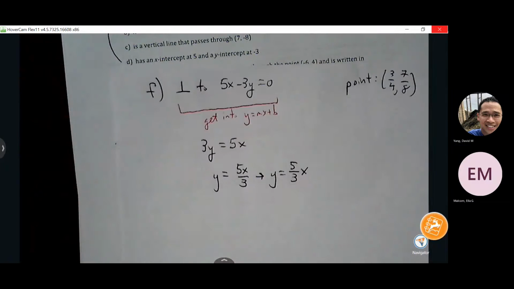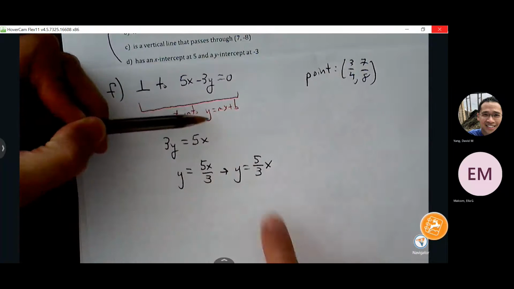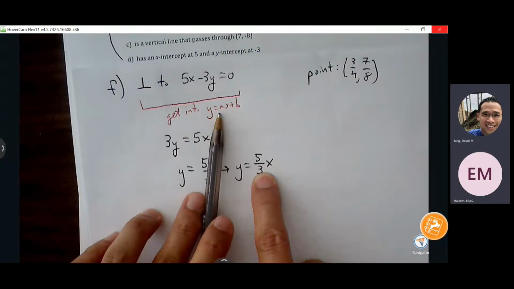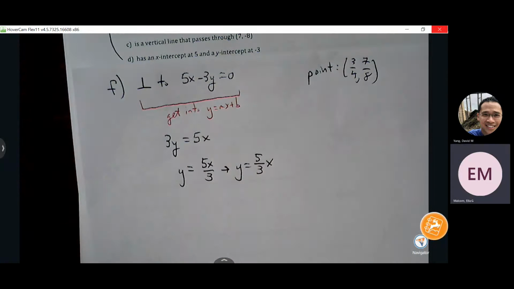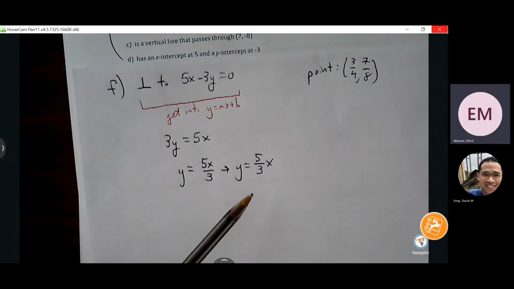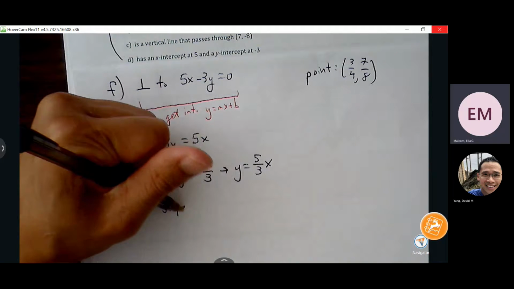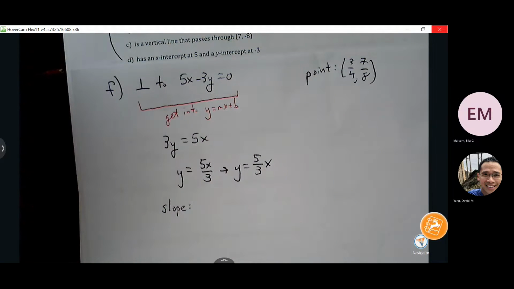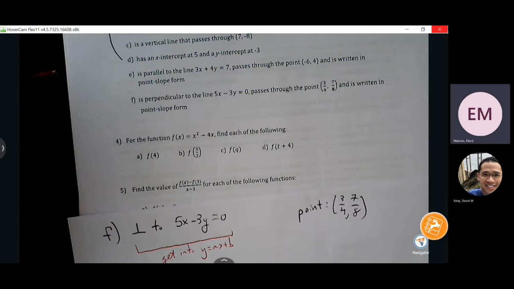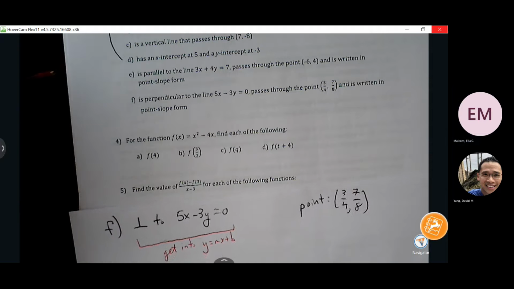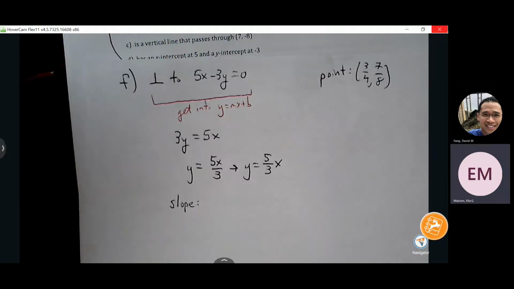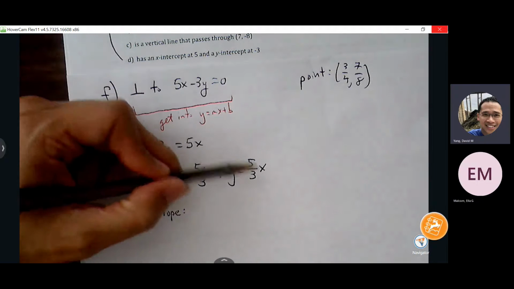Same thing, it just feels like it's matching a little better. And then that'll be y minus 7 over 8 equals 5/3. So what's the slope of this line?